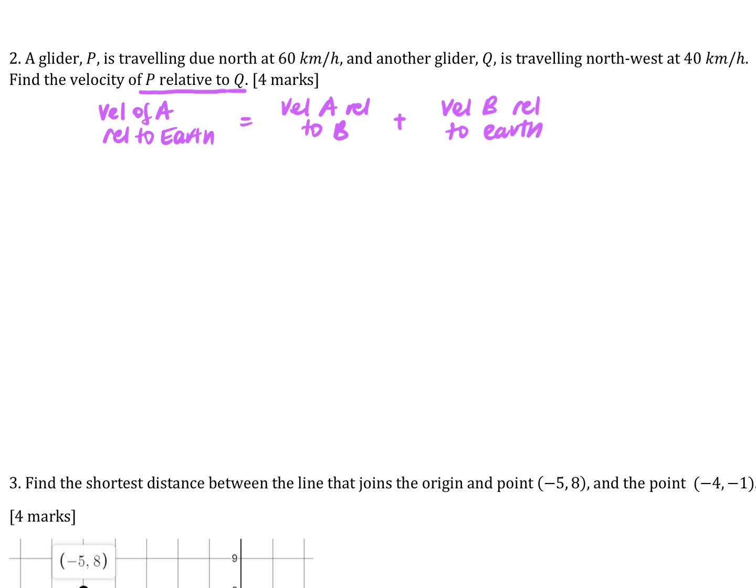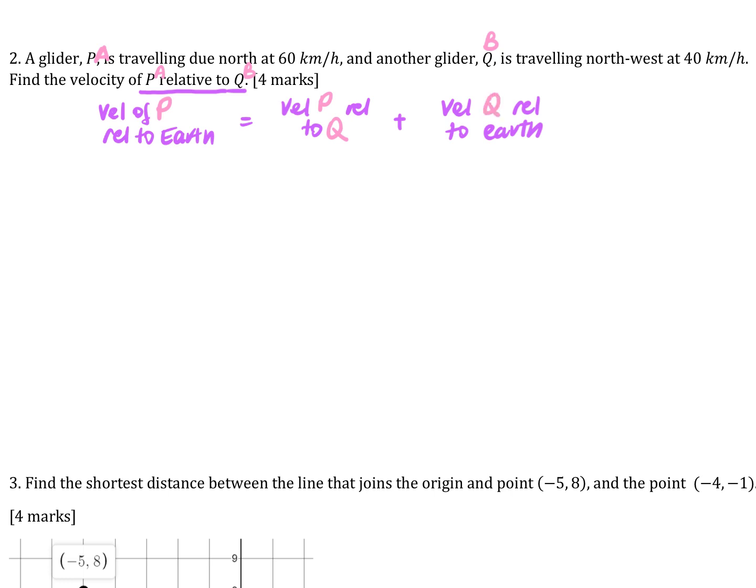Now, instead of A and B, I'm going to change those to P and Q. So I'm going to say P can be A there, and Q can be B. Okay, so what I'm doing here, velocity of P relative to Earth is P relative to Q plus Q relative to Earth.